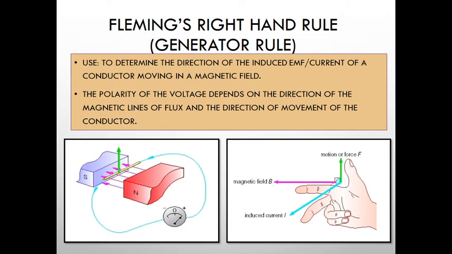So, the pointer finger is the magnetic field, the middle finger is the induced current, and the thumb is the motion or force. That is how to use Fleming's right-hand rule in identifying the direction of the induced EMF.